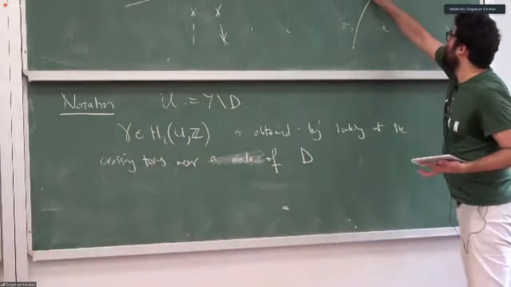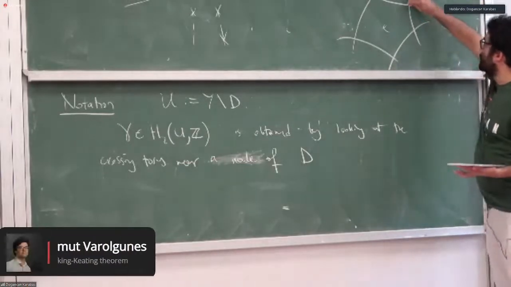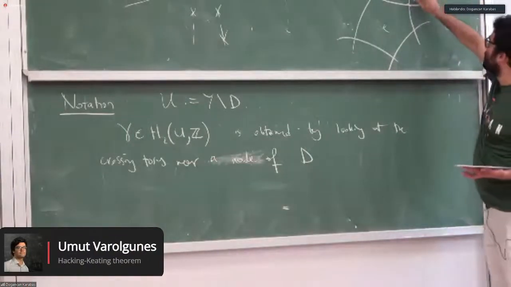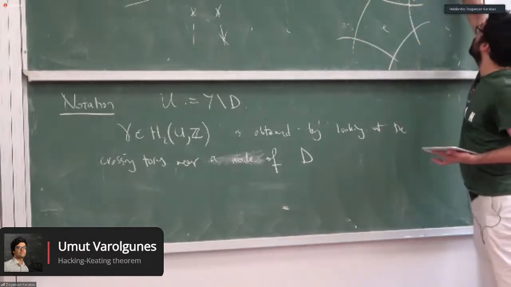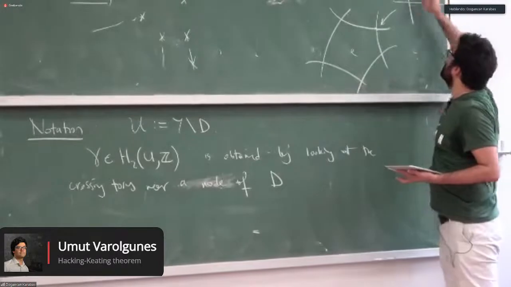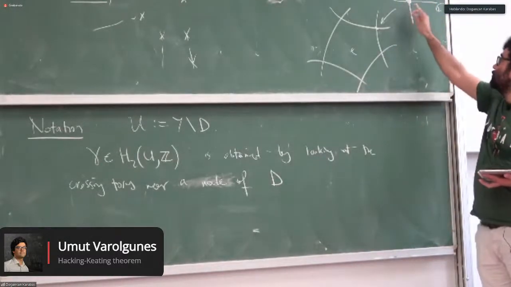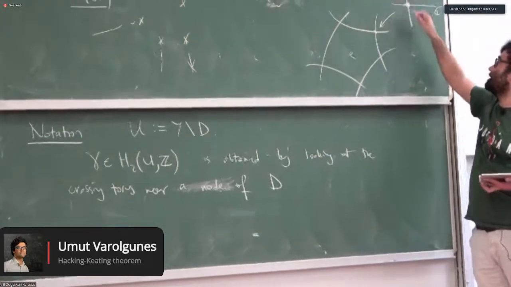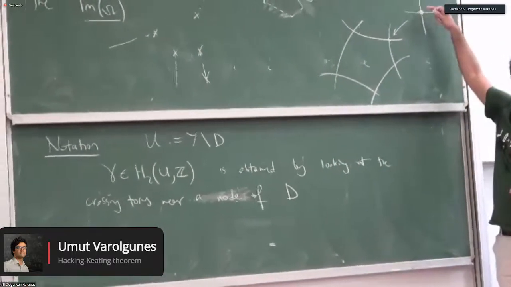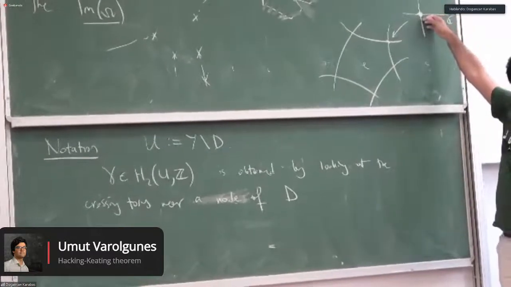So I have this D, here I have something like this. If I just focus on this node, locally this just looks like C inside C^2. And here I can define a torus by taking the product of the unit circle in one copy of C and the unit circle in the other copy of C. This is called the crossing torus, and it has a homology class.